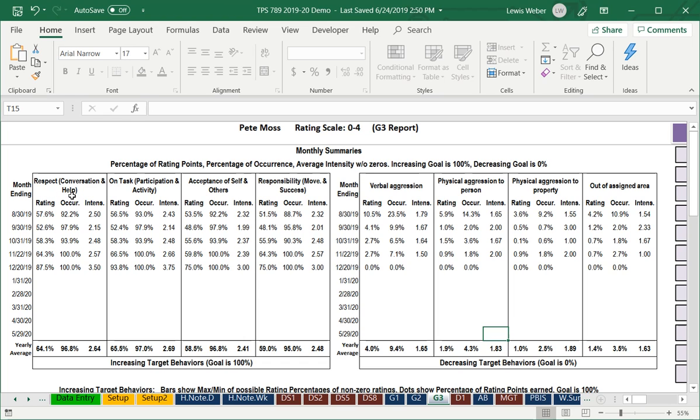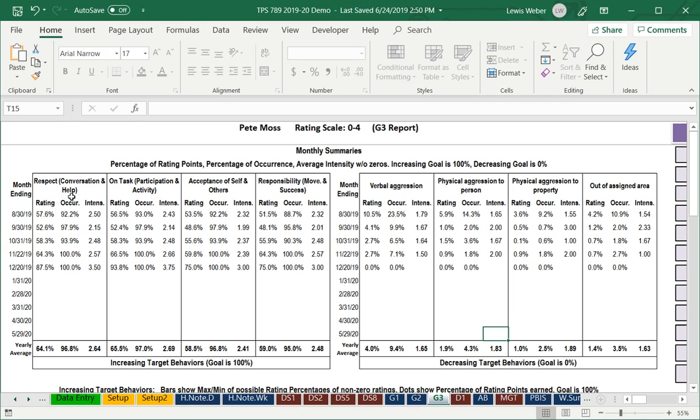Occurrence is also a percentage. Occurrence is the percentage of the recording blocks during which the student did some kind of behavior, and that's behavior recorded by the target behavior name. In this case, it would be respect.